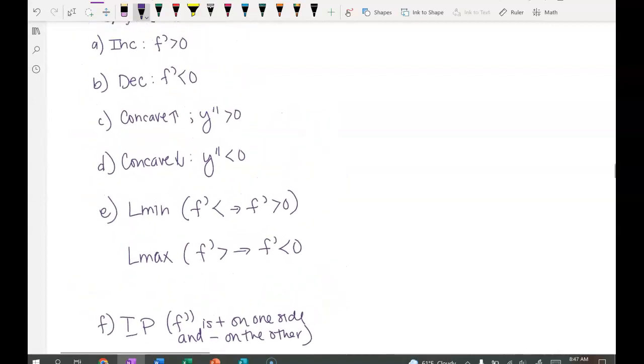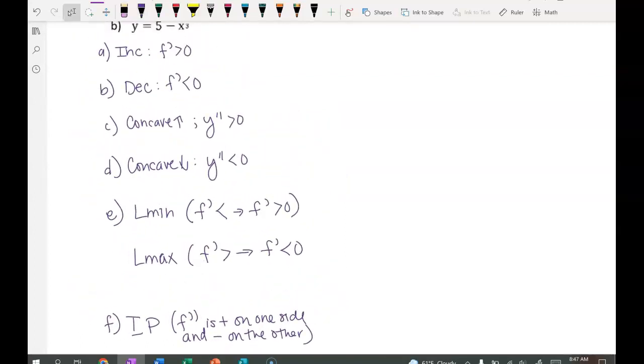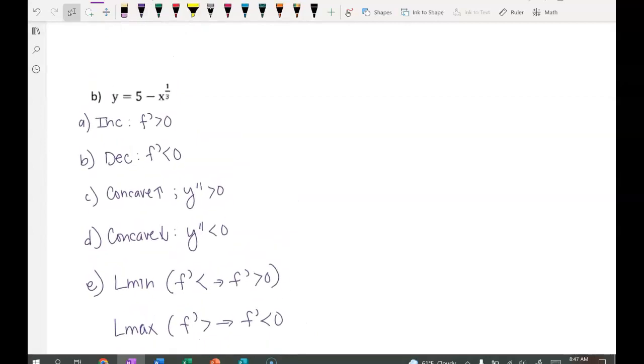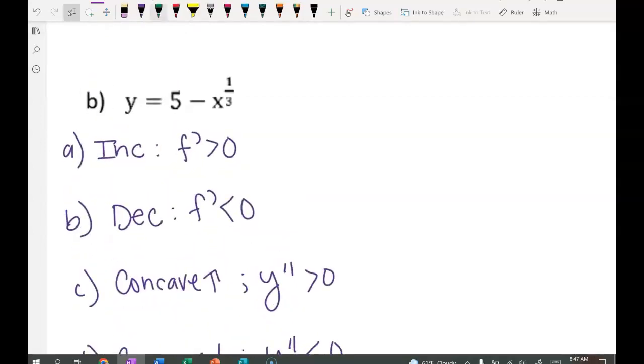As you can see, we will be using the first and second derivative, so let's just find it all. Okay, so first derivative, let's do y prime. Y prime is going to be, 5 is a constant, so the derivative of that is 0. We will drop the power down for the variable x and subtract 1, so that will give us negative 2/3.